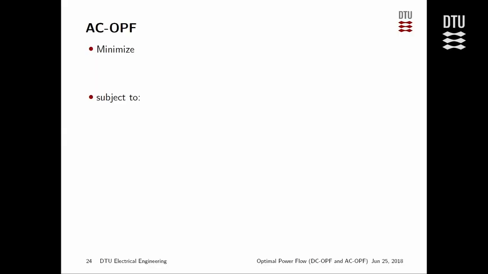So for hopefully the next 15 minutes, we can discuss the AC OPF so that then we can have time and go into the convex relaxations. So AC OPF, minimize what? What can we minimize? Cost. Yes, costs.